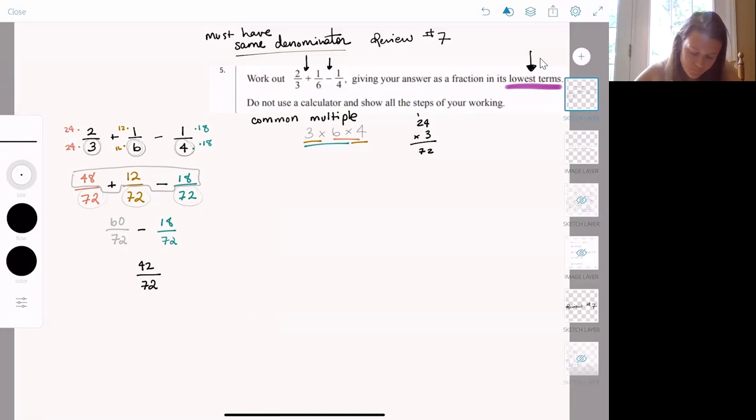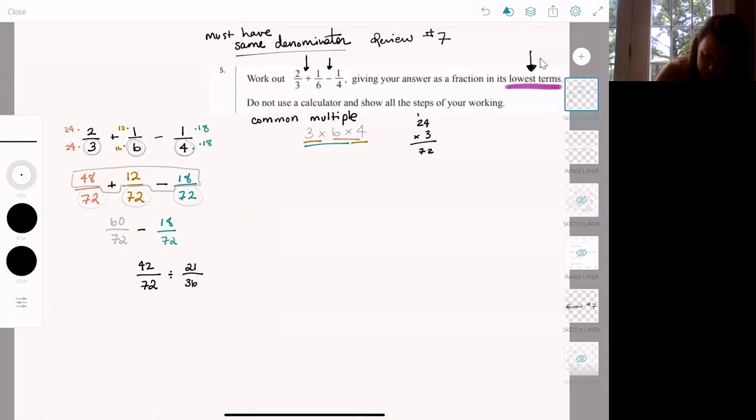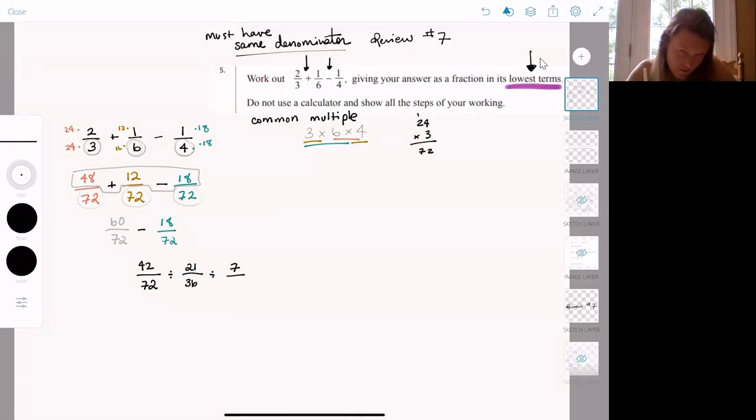But here, 42 and 72, I can divide both of those by 2. So 42 divided by 2 gives me 21. 72 divided by 2 gives me 36. Now, both of those numbers are divisible by 3. So that would give me a 7 on top and a 12 on bottom.